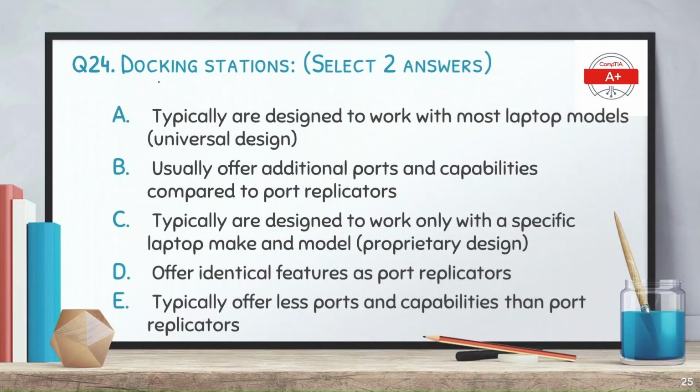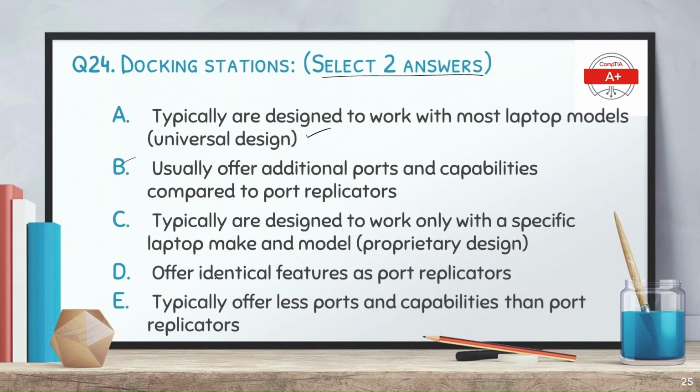Question number 24 is that docking station. We have to select two correct options, and the options are A, typically are designed to work with most laptop models. It is universal design. B, usually offer additional ports and capability compared to port replicators. C, typically are designed to work only with a specific laptop make and model, proprietary design.